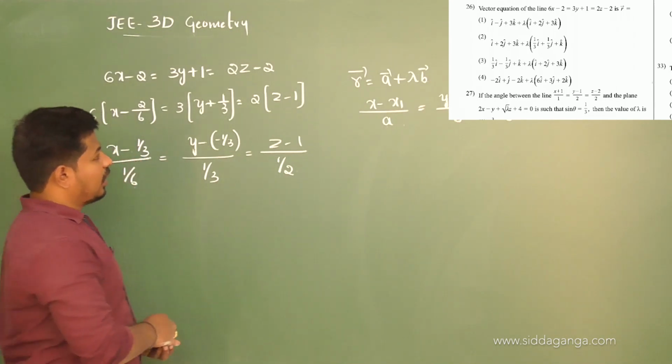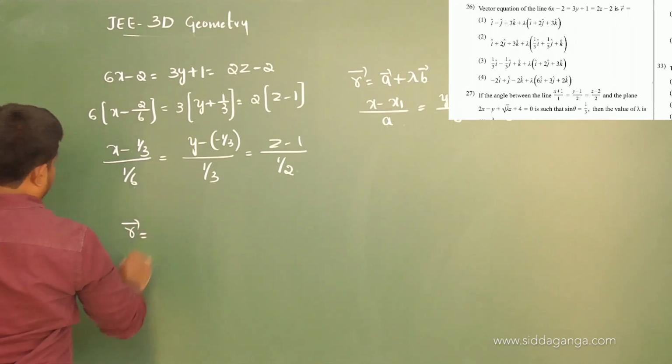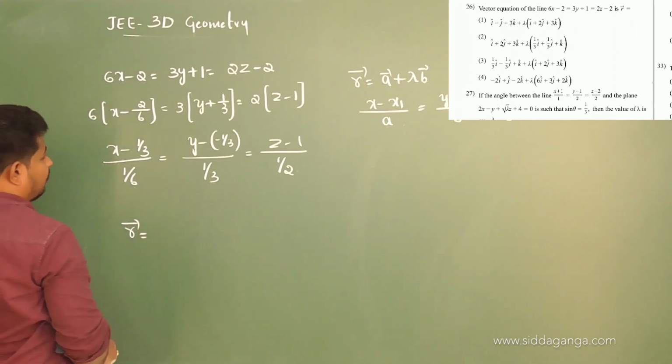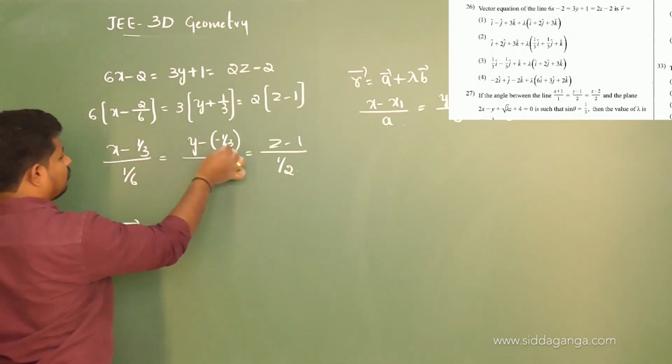Now the vector form is what? r is equal to a plus lambda b, where a is the position vector of the point through which the line is passing. This is a line passing through 1 by 3, minus 1 by 3 and 1.